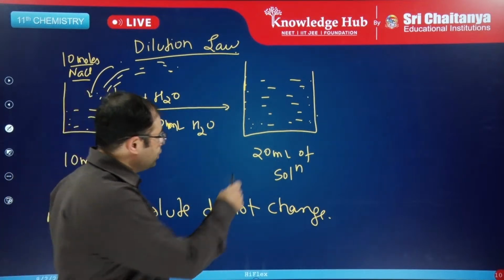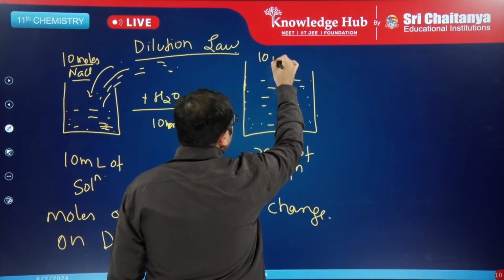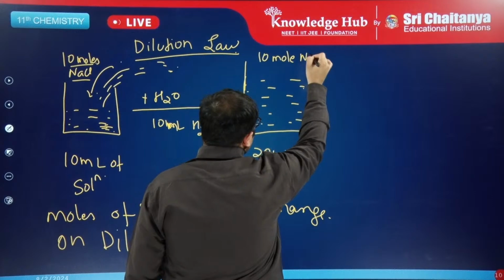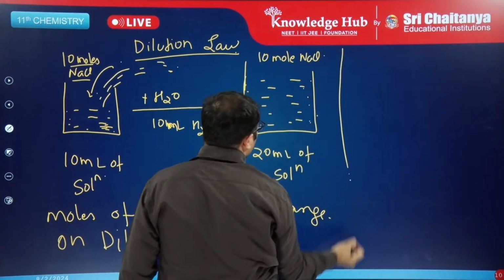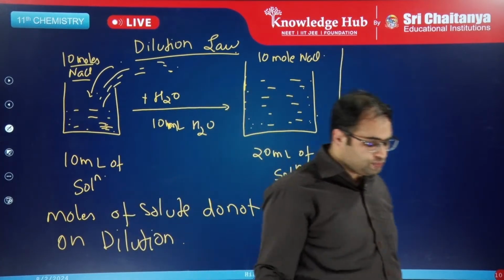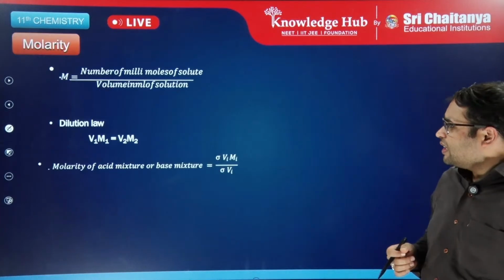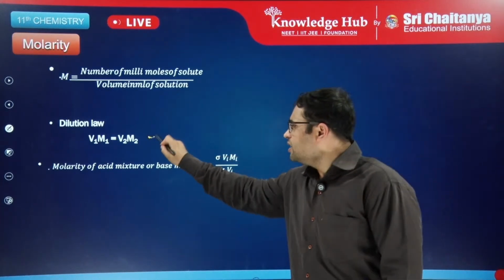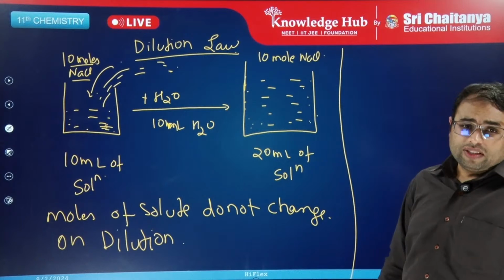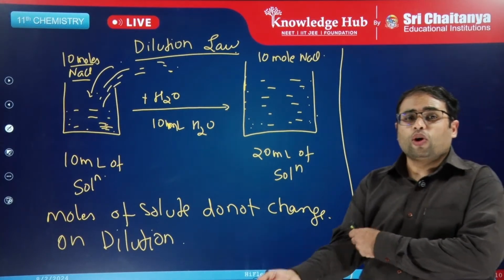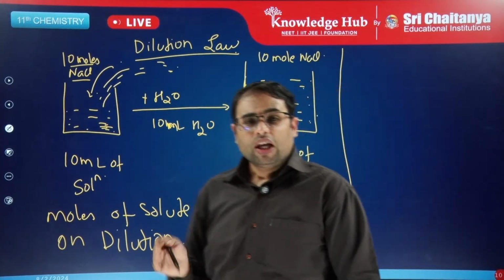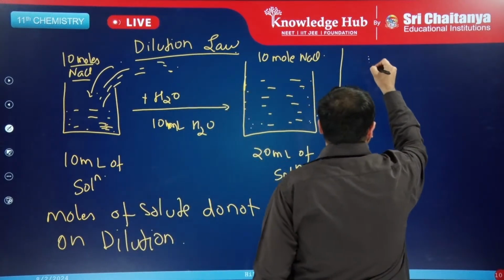So here also I have 10 moles of NaCl, right? Now how to get this law from there? Simple. Moles of solute before dilution is equal to moles of solute after dilution.